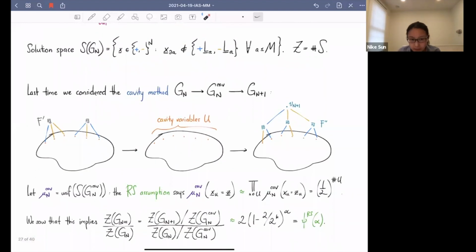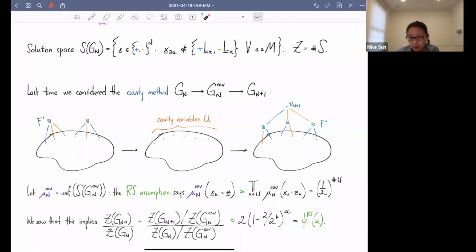Last time we saw how to do this, and the way to do it is to consider the uniform measure on solutions of this cavity graph, and to make the replica symmetric assumption, which is that we assume the variables in the cavity graph behave approximately independently of one another. So you approximately have a product measure here.